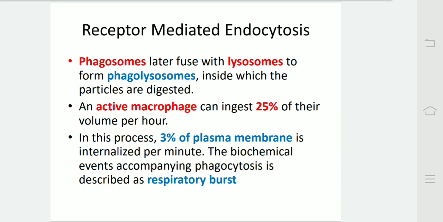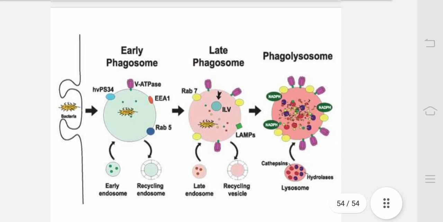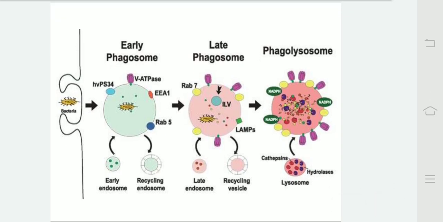An active macrophage can ingest 25% of its volume per hour. In this process, 3% of the plasma membrane is internalized per minute. The biochemical events accompanying phagocytosis are described as respiratory burst. In this diagram, we can see the formation of phagolysosome.